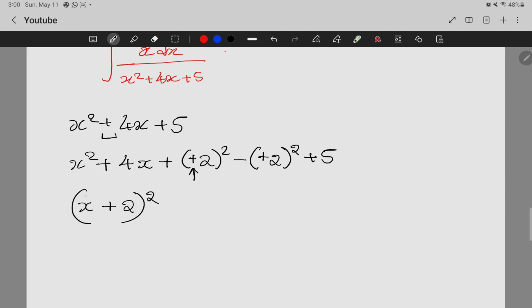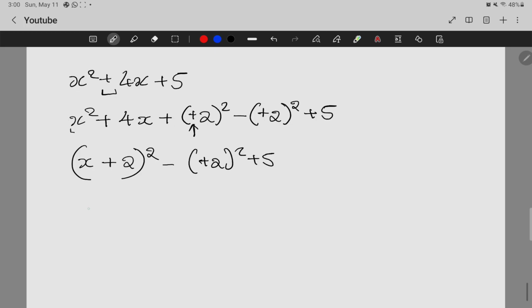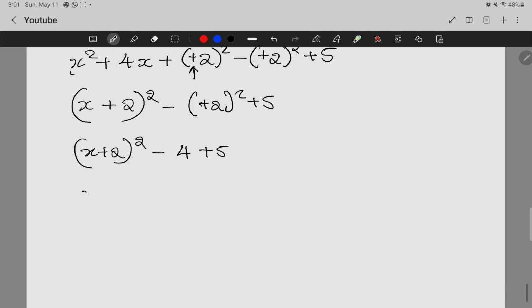The 4 here dies, knowing that when you expand x plus 2 squared, it will still account for that 4 we have just omitted there. So of course the rest of it is still minus 2 squared plus 5. So this is now x plus 2 squared minus 4 plus 5, so that we now have x plus 2 squared plus 1.